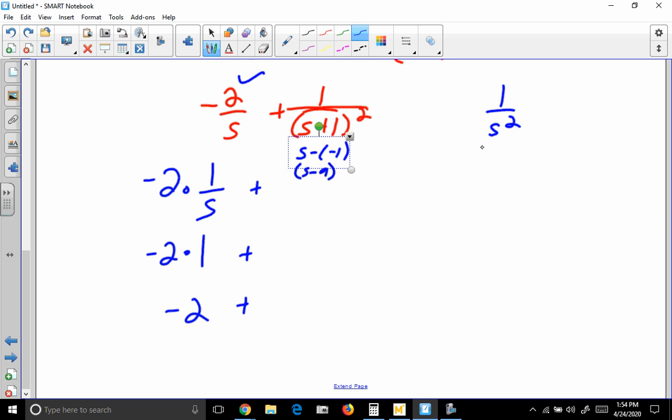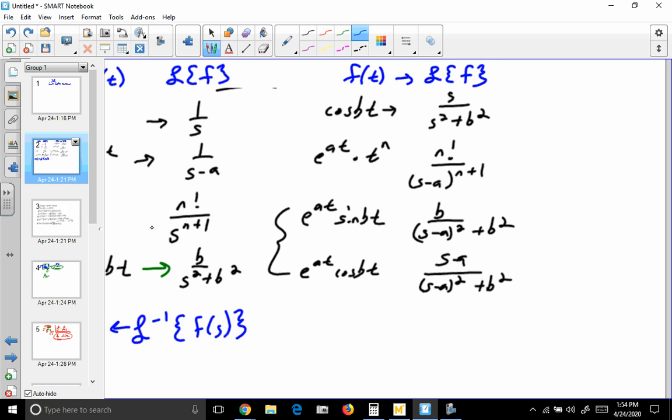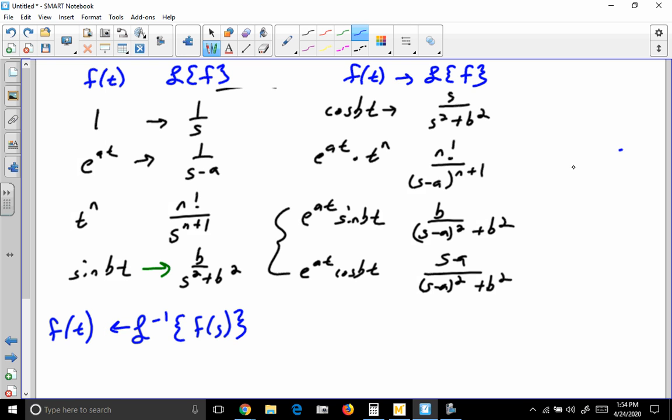So how does 1 over s squared transform? If we go back to our list, let's see, we have s to a power. That looks to go with that one.